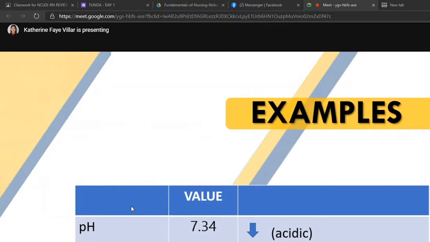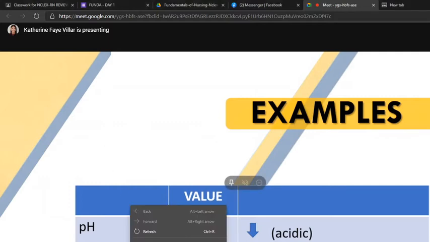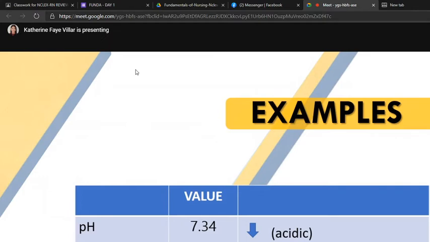Our partial pressure of carbon dioxide is 48. Acidic or alkaline? Mababa ba siya or mataas? Mataas. So it means alkaline? Acid. Baliktad. Si PCO2 ata yung baliktad, no?